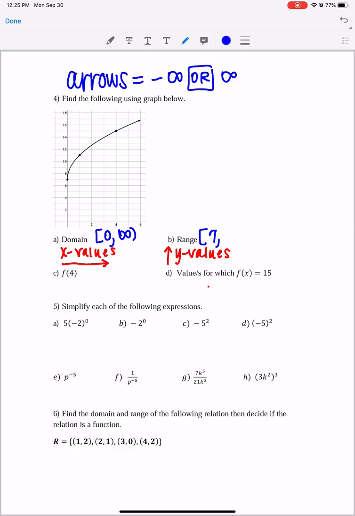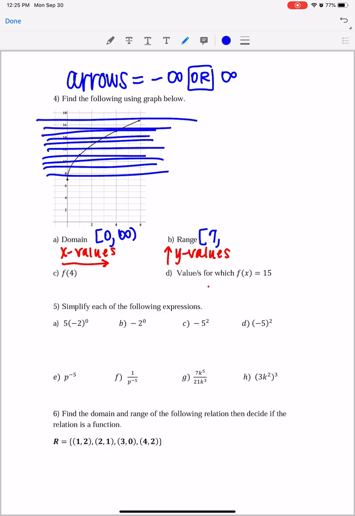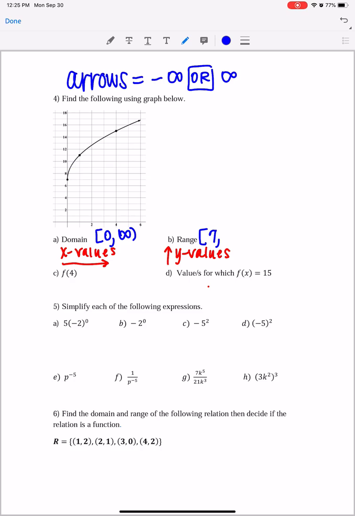Then how far is this going? It's touching 8, 9, 10, 11, 12, 13, 14, 15, 16. At 17, I hit another arrow. Arrows mean infinity, so parentheses. You want to go from left to right, then bottom up, because it always needs to be from least to greatest.